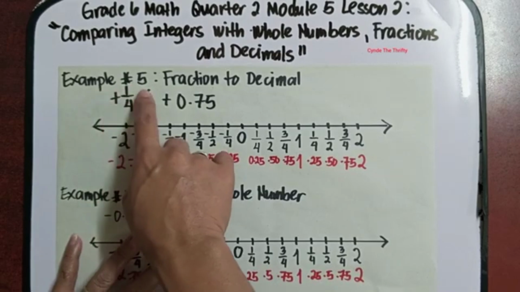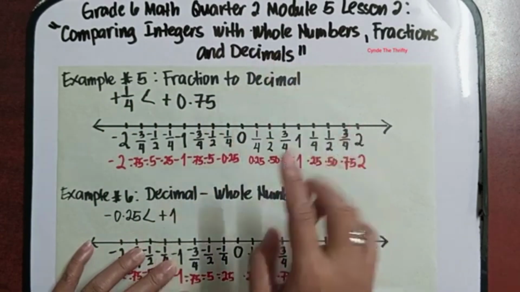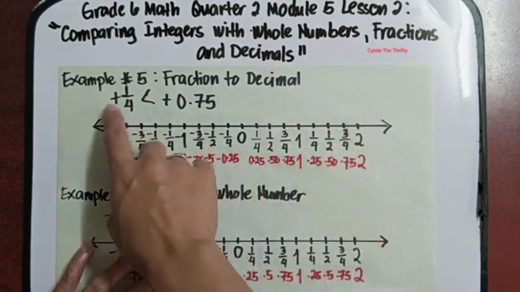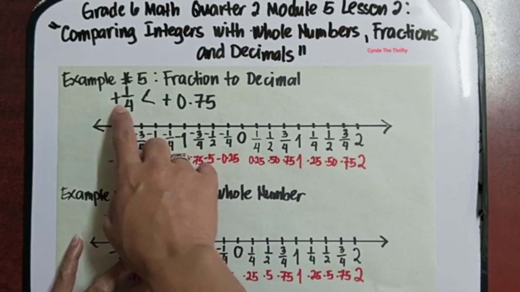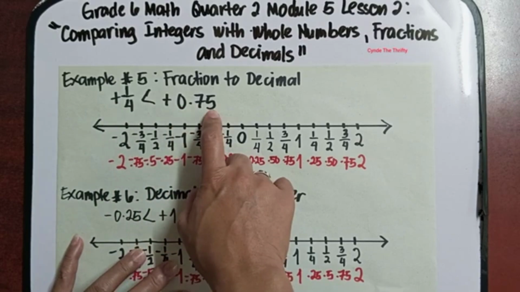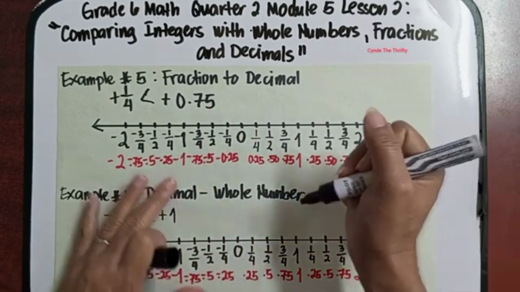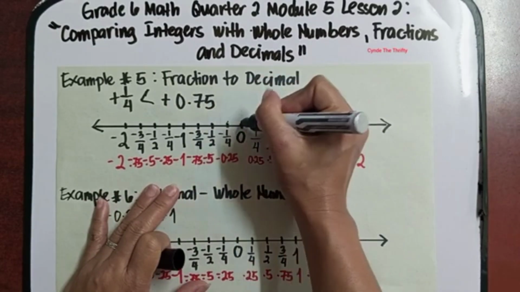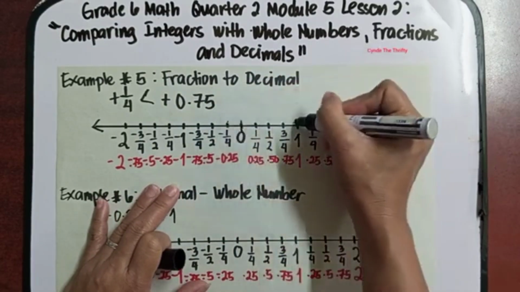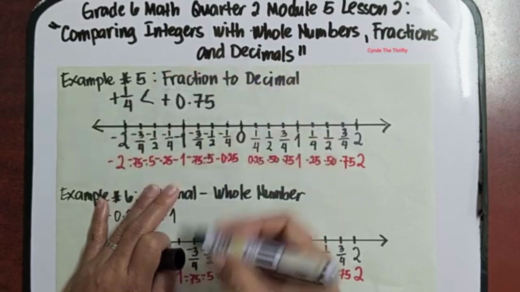Example number 5, fraction to decimal. So we will compare a fraction and a decimal. Okay, so we have positive 1/4 is less than positive 0.75. Why? Okay, here is our number line. Here is 0, here is 1 and 2, negative 1 and negative 2.